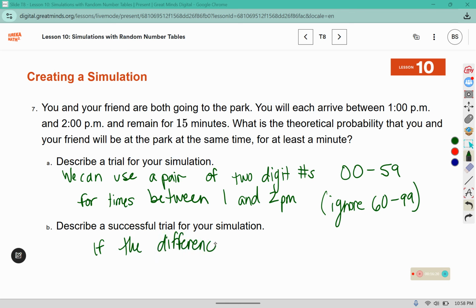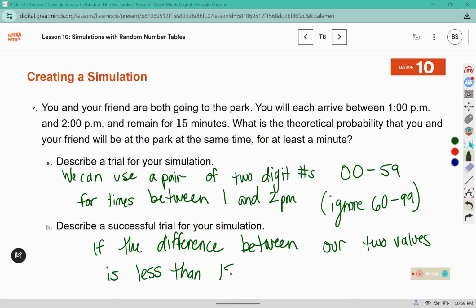If the difference between our 2 values is less than 15, it is considered a success.